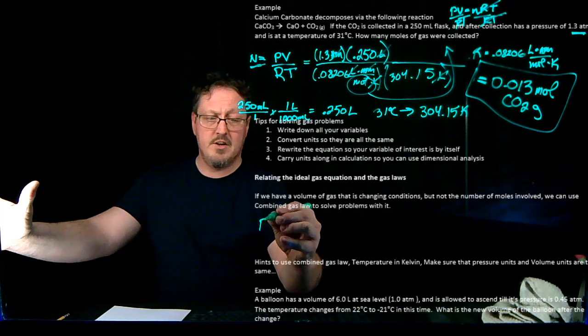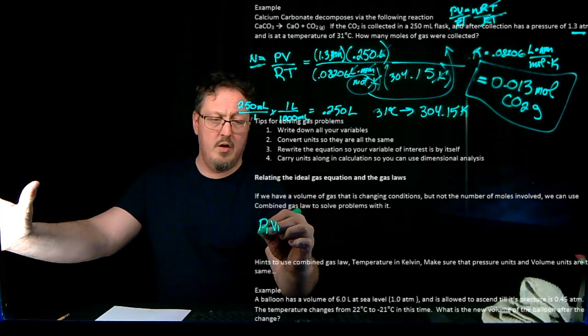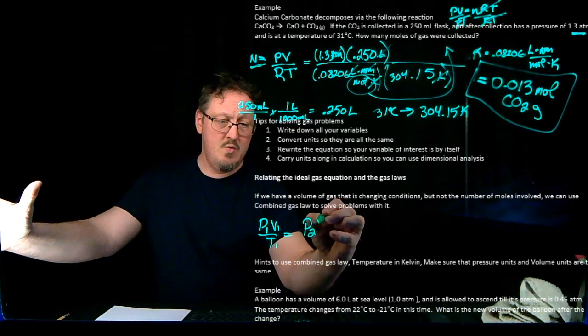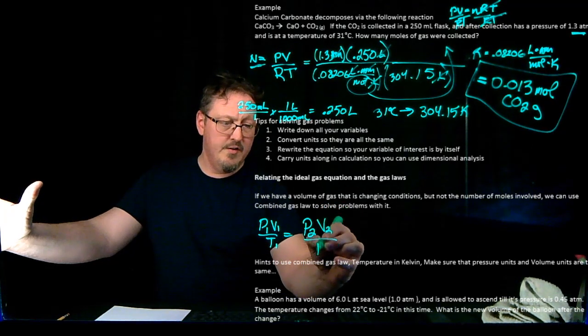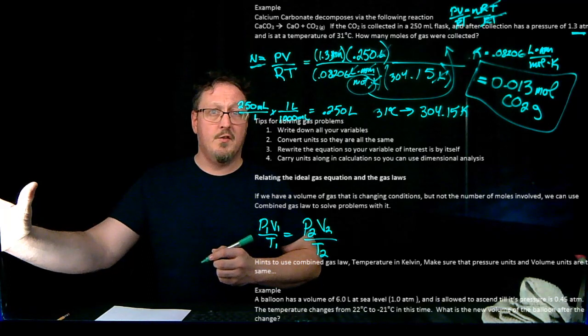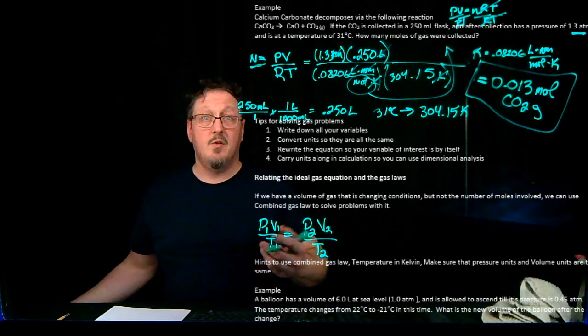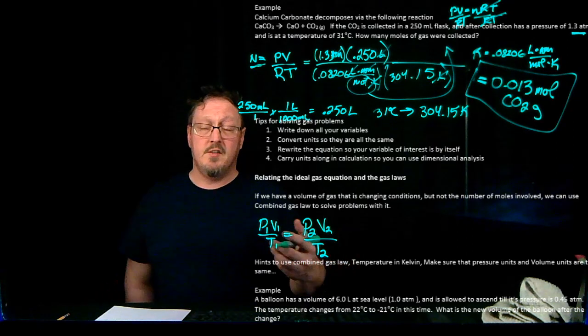The combined gas law is kind of cool. It is P1 V1 over T1 equals P2 V2 over T2. This works because the number of moles is constant, and we're not exchanging pieces or parts anywhere else.